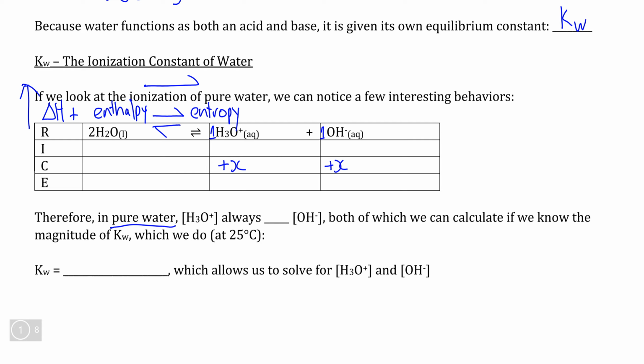The conclusion of this is that the concentration of hydronium and the concentration of hydroxide in pure water is always going to be equal, and this is why water is so unique in that water, pure water anyway, is the only known neutral substance because by nature of its equilibrium, it always produces an equal amount of hydronium and hydroxide.